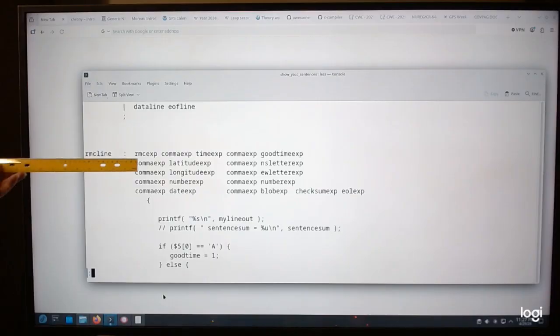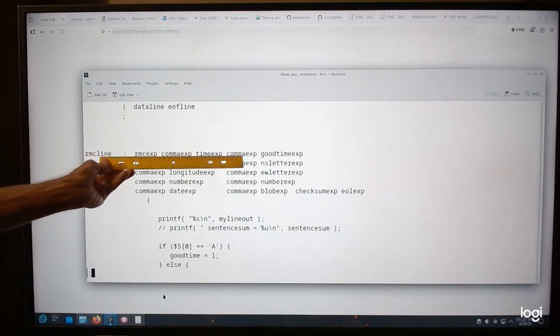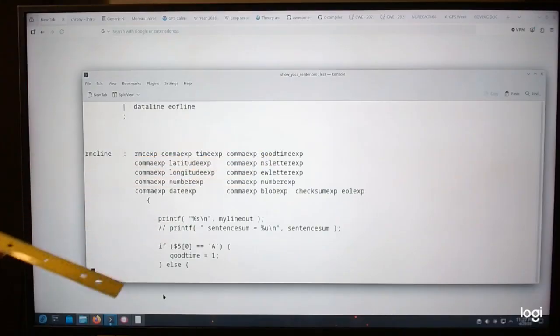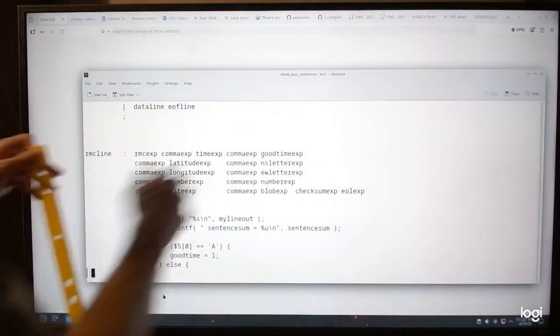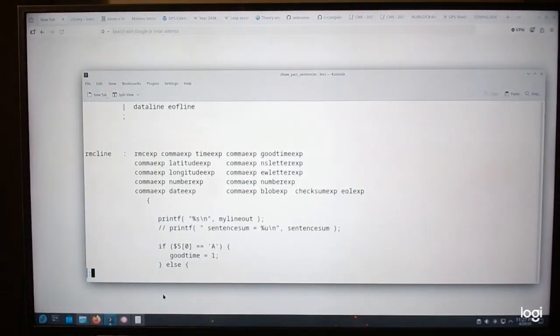that sentence has an RMC expression, a comma expression, time expression, comma expression, good time expression. So it has to match all of those expressions before it recognizes the sentence.